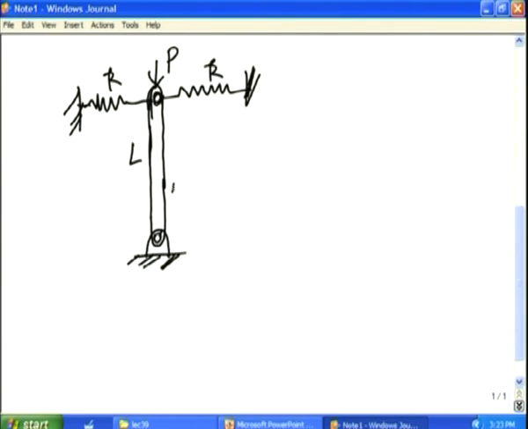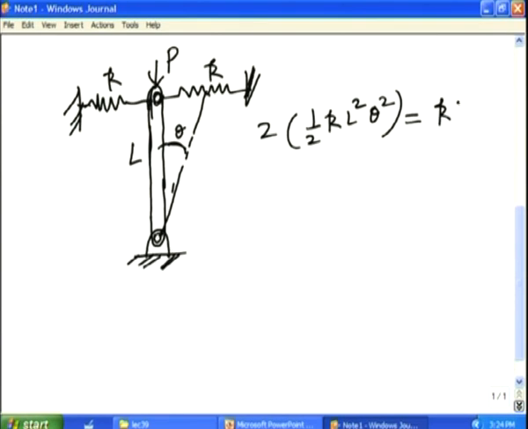I am showing a very exaggerated theta, so this is L theta, and the other spring stretches by the same amount. So strain energy in the spring is equal to 2 times half K L square theta square, that is K L square theta square.